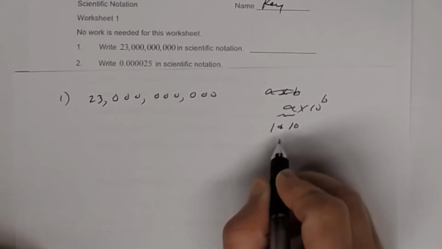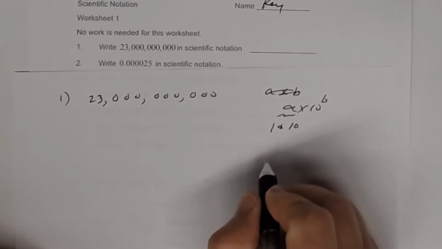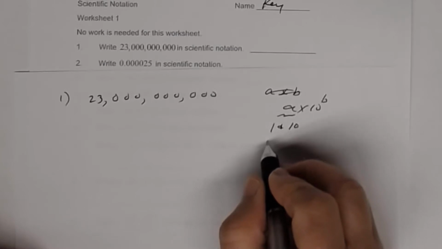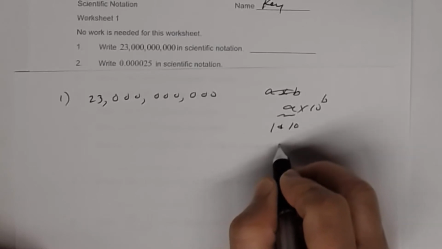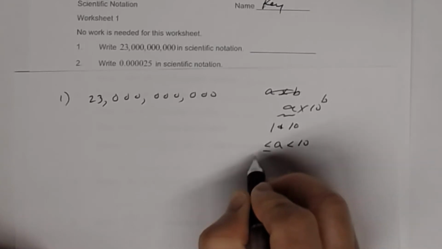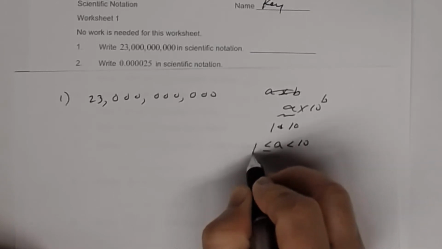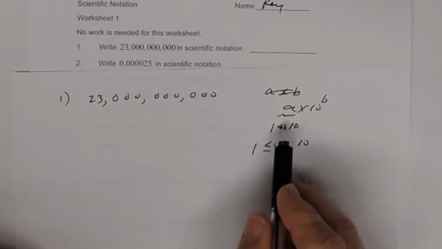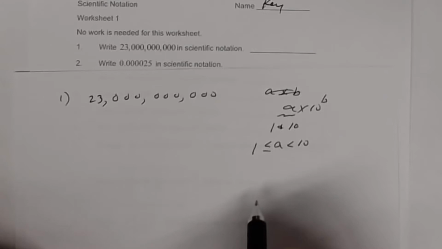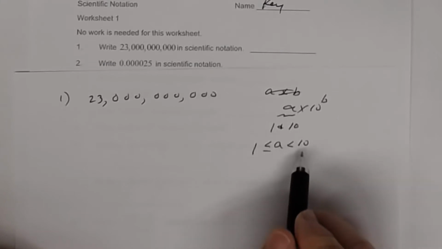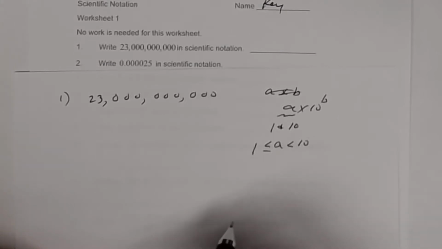More precisely, a must be less than 10 and, at the same time, greater than or equal to 1. So it's a one-digit number, including 1 but not including 10, because 10 is a two-digit number.